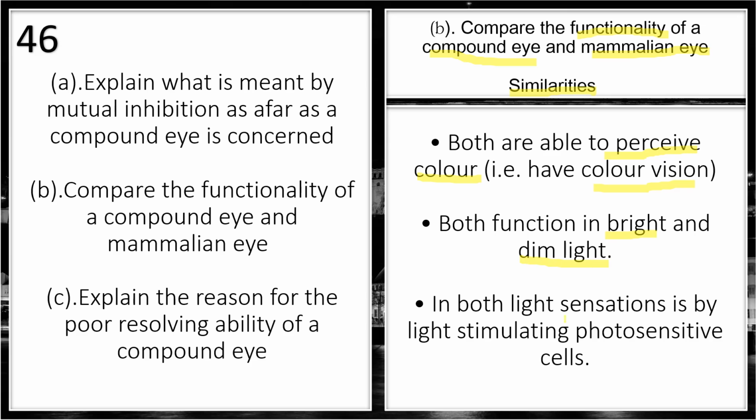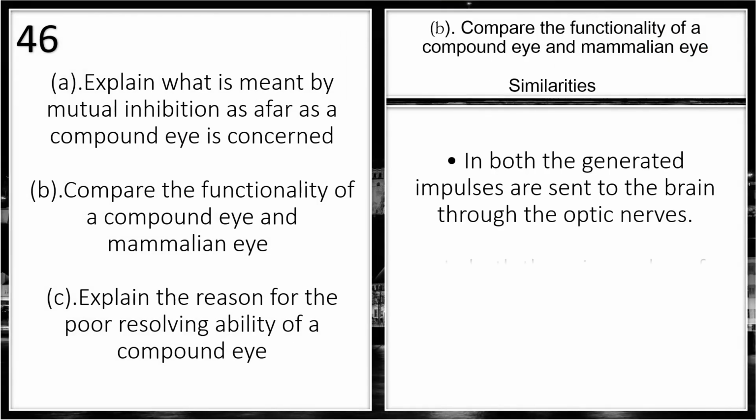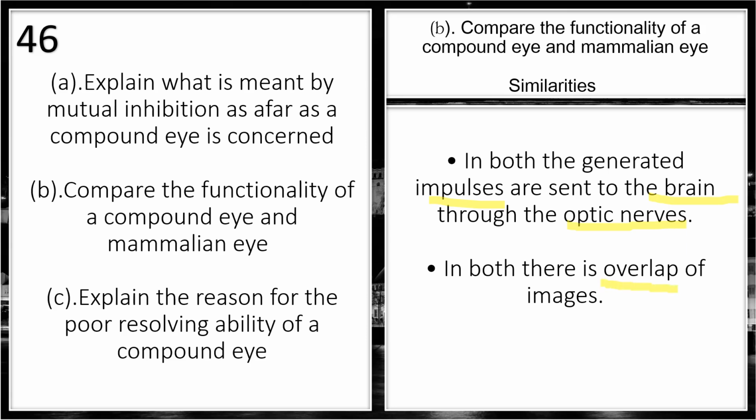In both, light sensation is by light stimulating photosensitive cells. In both, the generated impulses are sent to the brain through the optic nerve. In both, there is overlap of images.